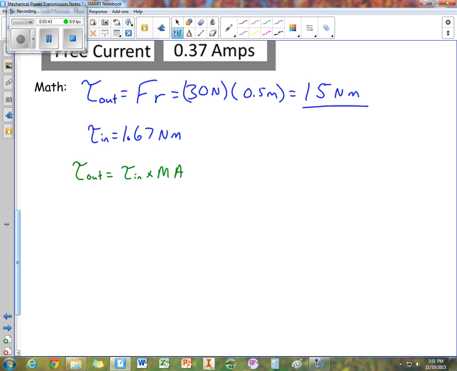So that means if I take the output torque divided by the input torque, that'll give me the mechanical advantage that I need. So this mechanical advantage would equal 15 Newton meters divided by 1.67 Newton meters. And that gives me a mechanical advantage of 8.98. I might as well go ahead and round that up to, I need a mechanical advantage of 9. So how do I get that?